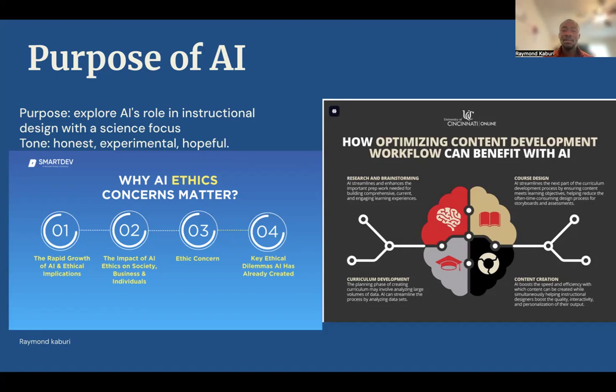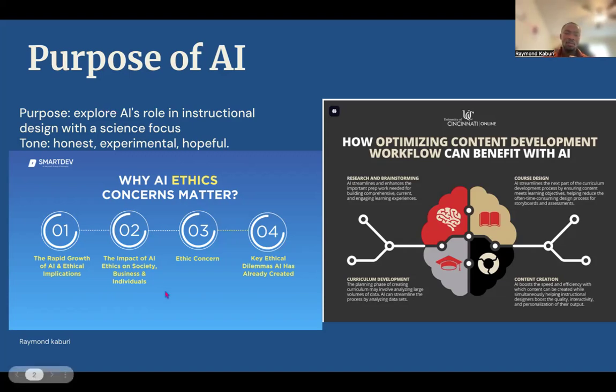Even in these days, we have seen how students, faculty, and the academic community around the world, some people are using it ethically and others are using it unethically. So it is of great concern that we emphasize the importance of ethics in the use of AI.